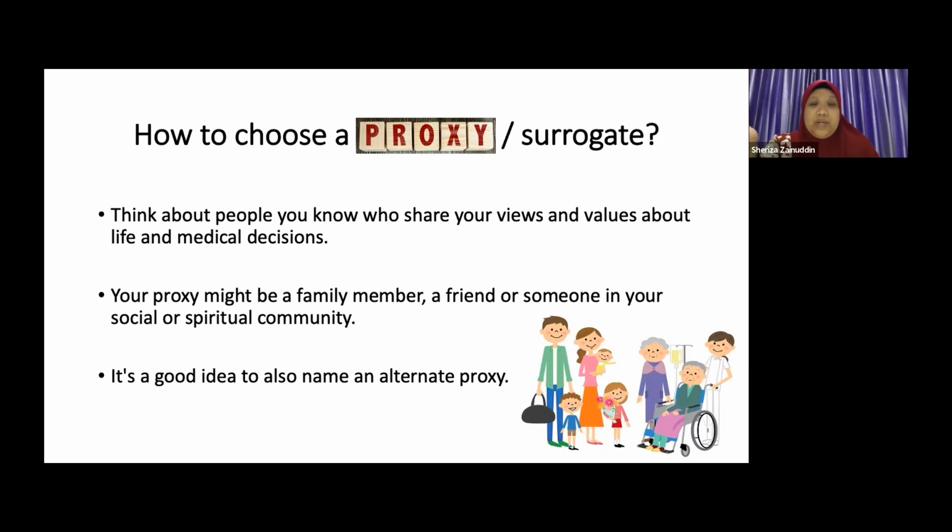It can be anyone. It can be a family member, a friend, a wife, a husband, or anyone that he feels would be the best person to be his spokesperson. Once he has this, we name it. It can be one person or two persons, depending on what the patient wants.